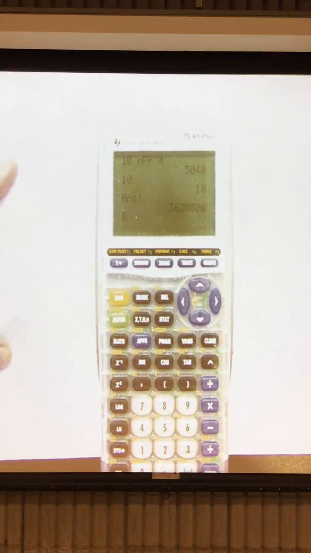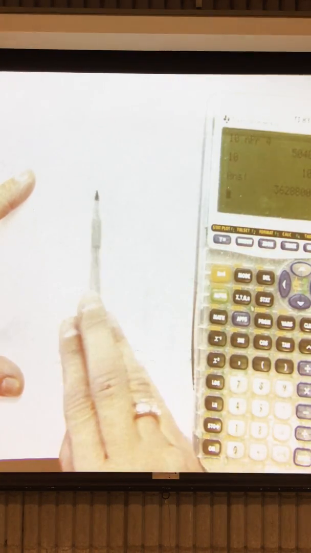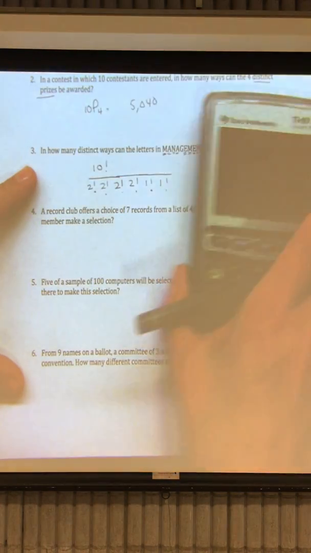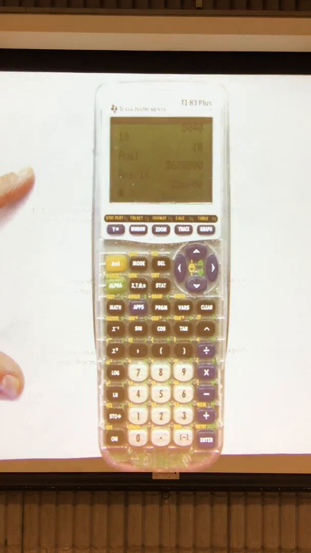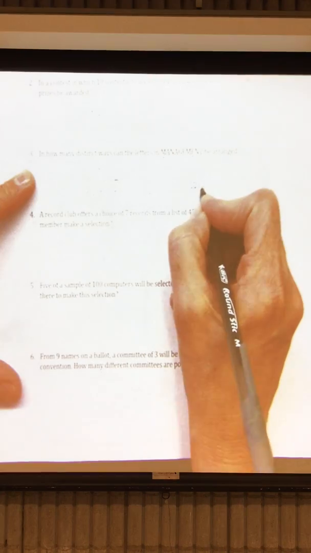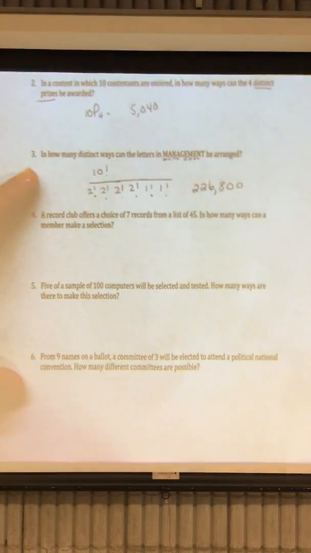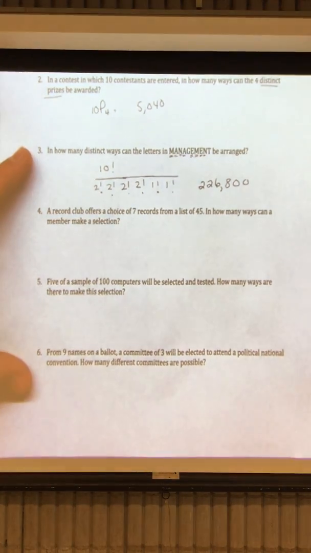So 10 factorial is this number divided by 2 factorial four times, so 2 times 2 is 4, times 2 is 8, times 2 is 16, divided by 16. So here we have 226,800 distinct ways that that word can be arranged.